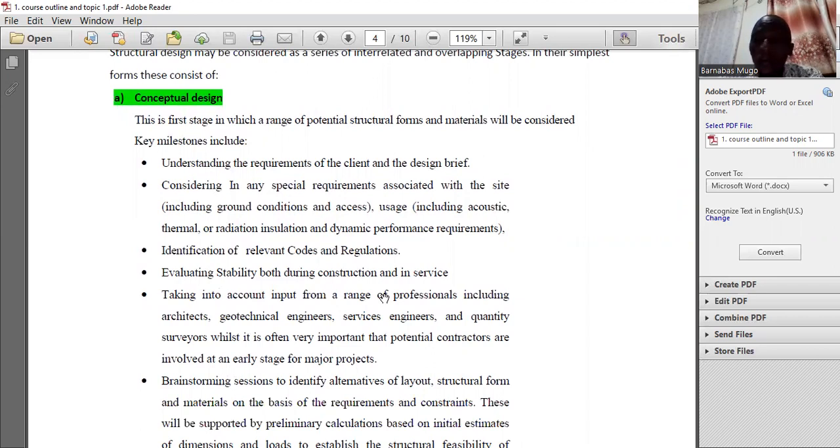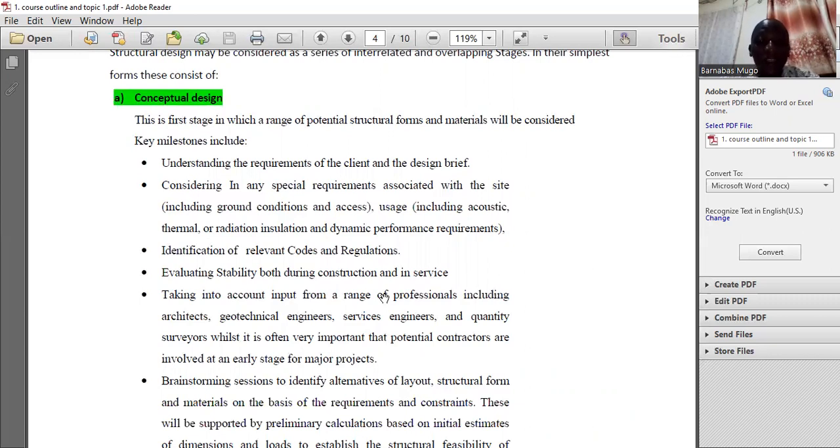Then you need to have the specification pertaining to the requirements associated with the site. That is, you need to know about the site condition, for example, if it is muddy or rocky. That is, you need information about the site where you want to put up your building.